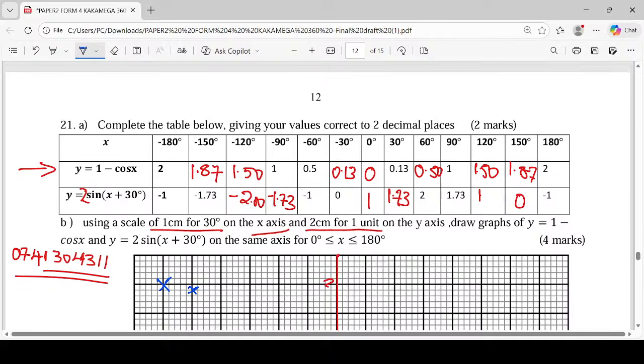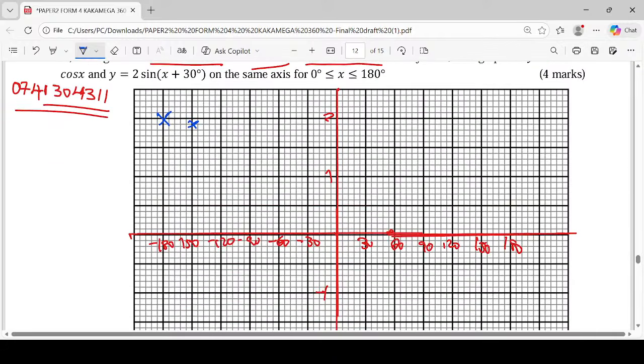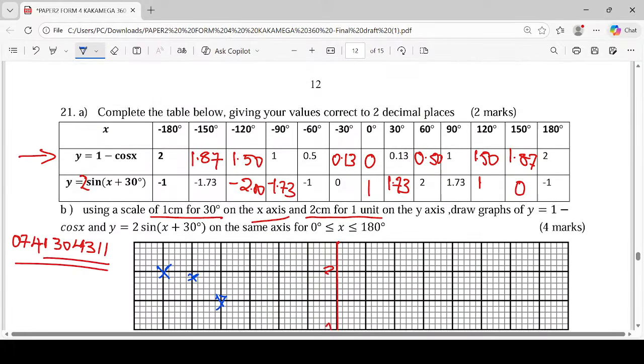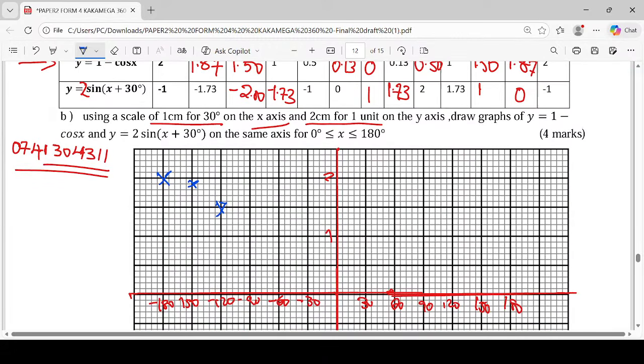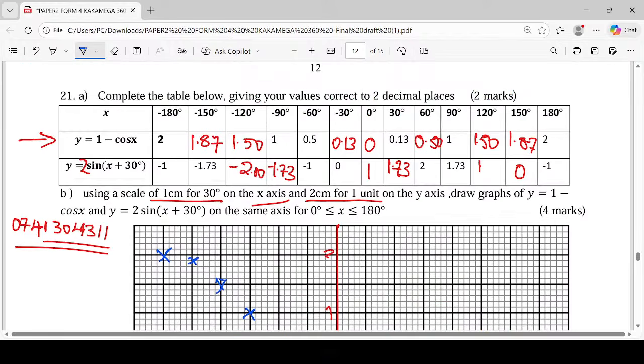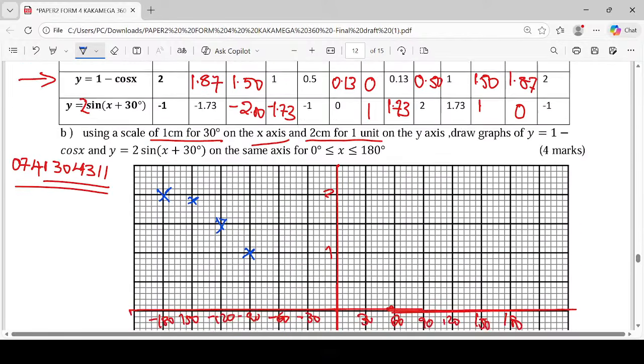Negative 120, it's at 1.5. Negative 90, it's here at 1. Negative 60 is at 0.5.